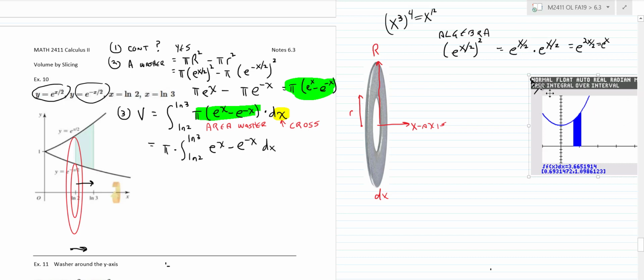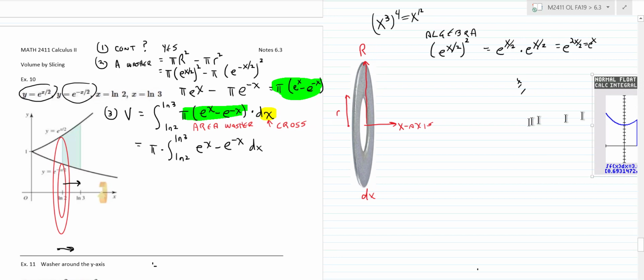A couple of things I want to do over here for a little algebra review, because students need this from time to time. A little calculus review too. The integral of e to the x dx we know is e to the x plus c. Now the integral of e to the negative x dx is negative e to the negative x plus c. You don't have to do u substitution on this.